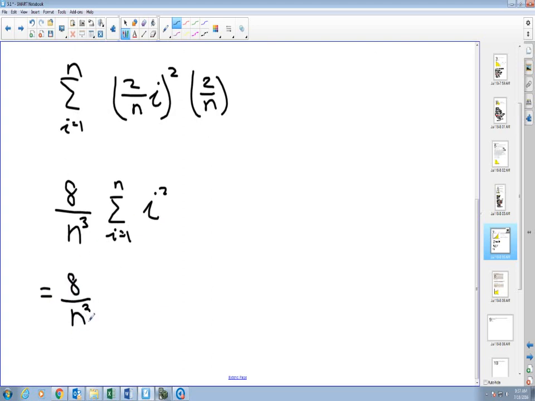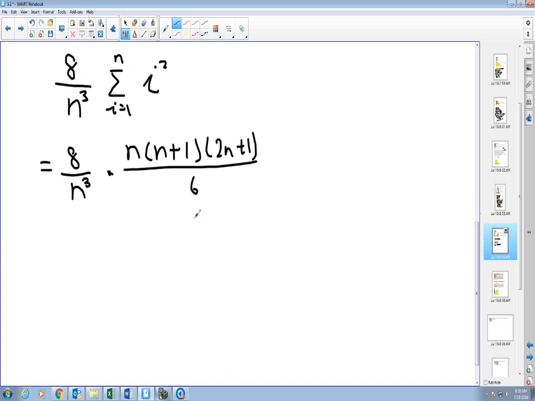Alright, so I'm going to expand my i squared. That will be n times n plus 1 times 2n plus 1 over 6. I'm going to go ahead and reduce this just like I did earlier.